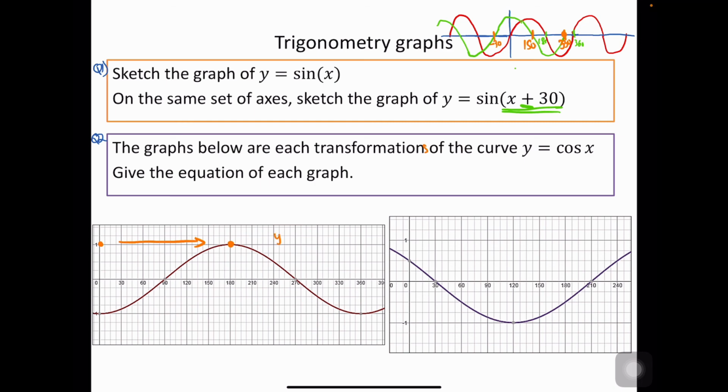So y equals cos, it's moved to the right, so we're going to have the values within our brackets. Let's write x, move to the right, so it's -180, because it's moved 180 spots to the right.